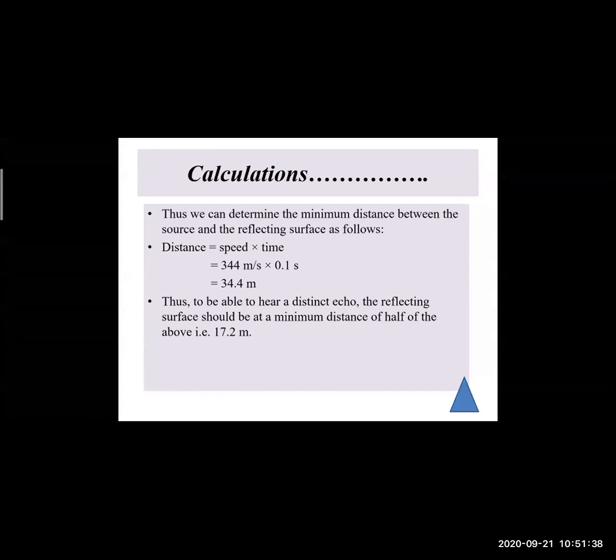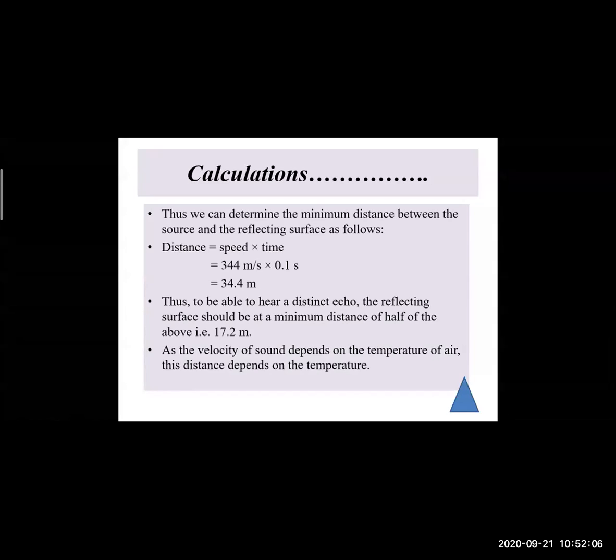So if we make it half, that is 17.2 meters, that will be the minimum distance we have to keep between the reflecting surface and our voice, so that we can hear our voice forming an echo.